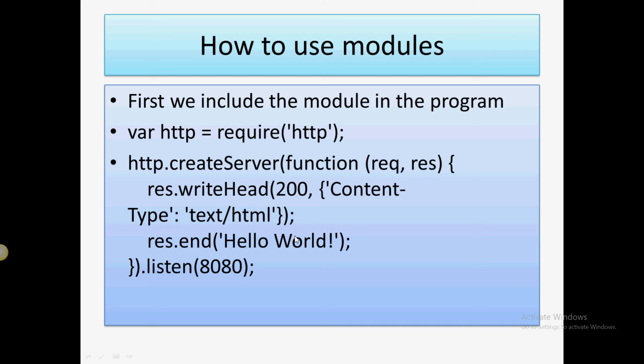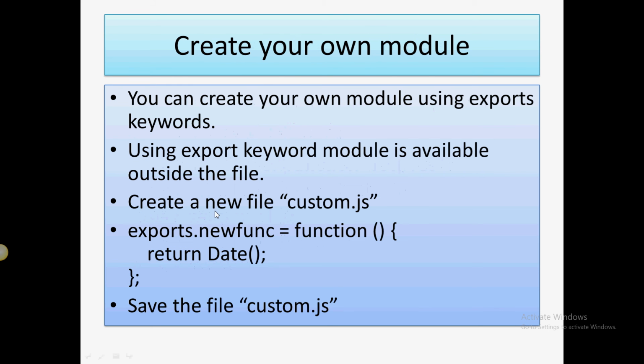In this case we have just used Hello World. An important thing is a port, a port that is not busy. You need to mention it here so that the server can listen to that particular port. You can use 8080, 8081, any port that you mention here. In the browser you write localhost, then the port, and then this particular information will be displayed.